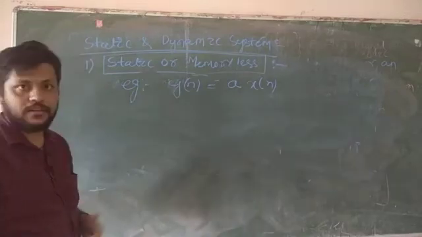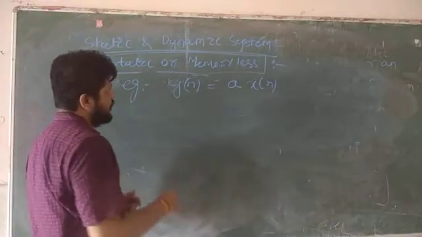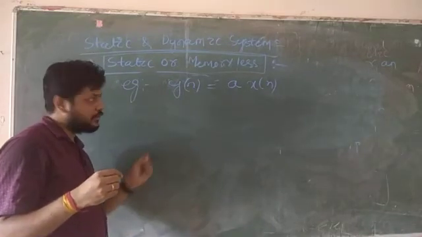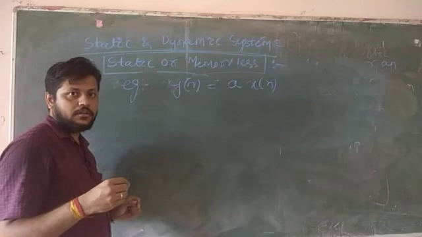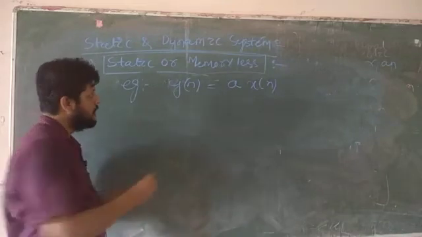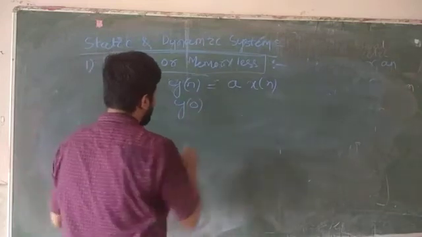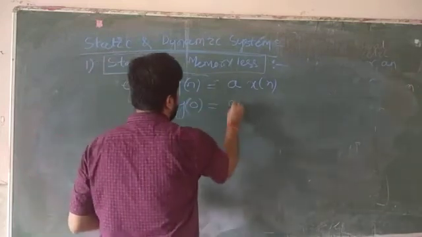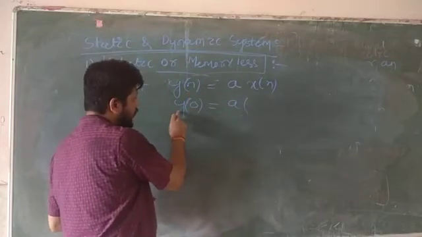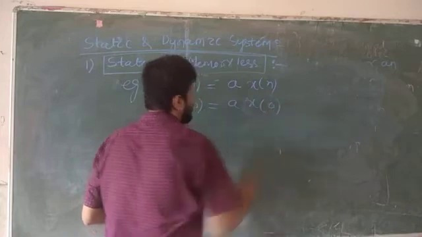Then how to check? In the definition I have explained that at any instant of time, the output depends on the input only at that same instant. If I put y of 0, in place of n I put 0, that means y at time 0 depends on x also at time 0.